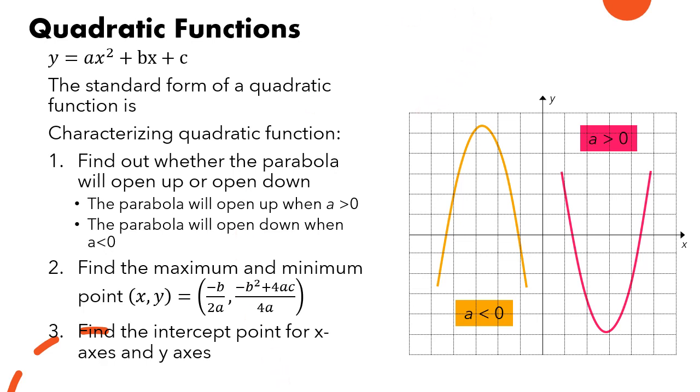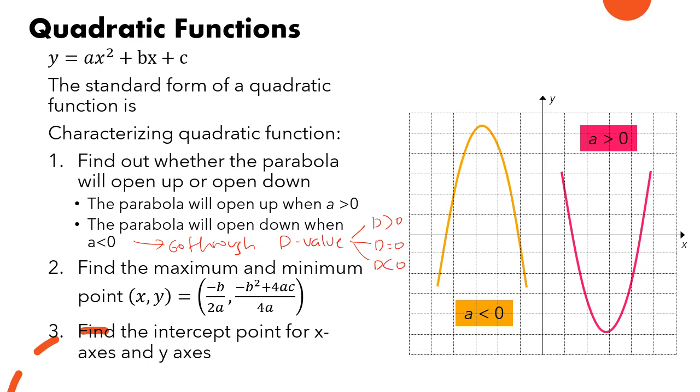Okay, so I'll add here D. Go through the D value. It can be bigger than 0, equal to 0, or smaller than 0.